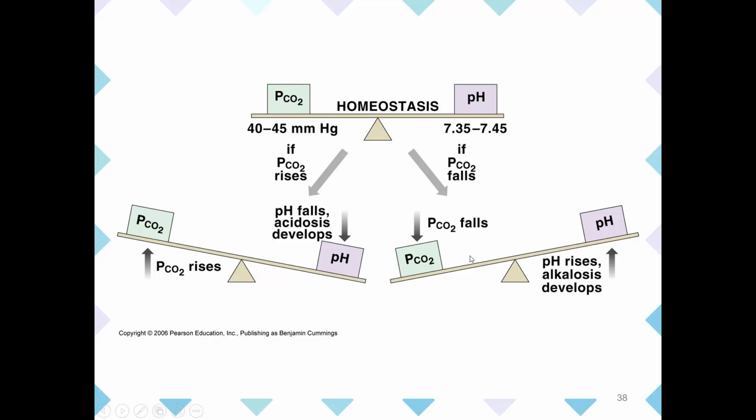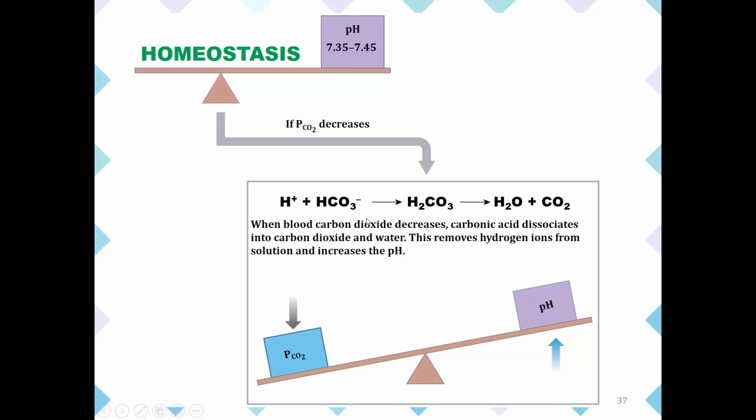Alkalosis is too little CO2. So if we increase the concentration of the CO2, that'll bring us back to homeostasis. And that's a little bit of a hint about ways that we can compensate for acidosis and alkalosis.